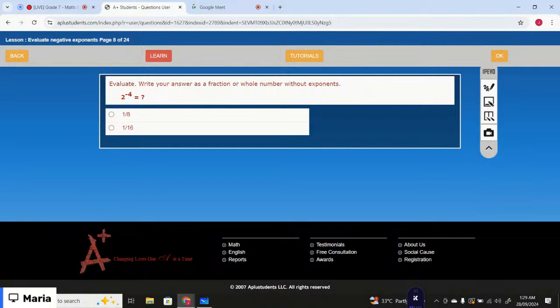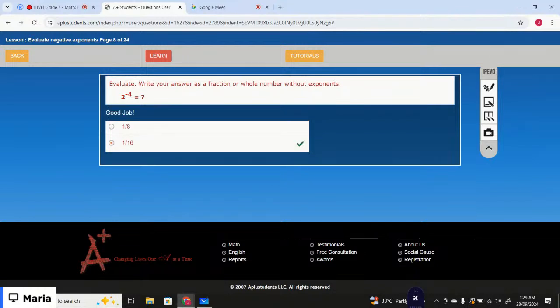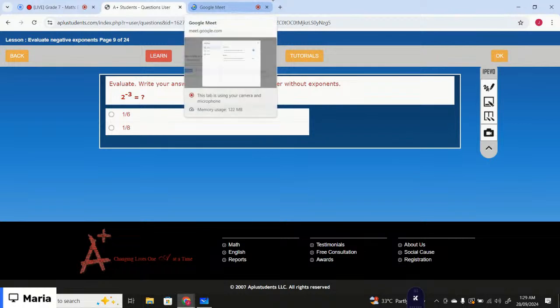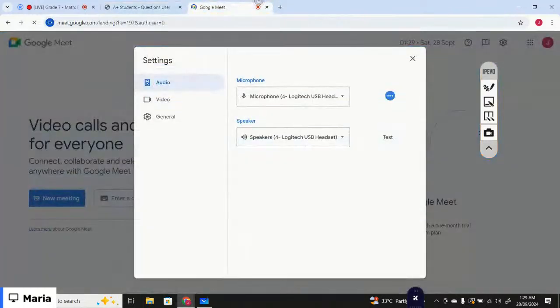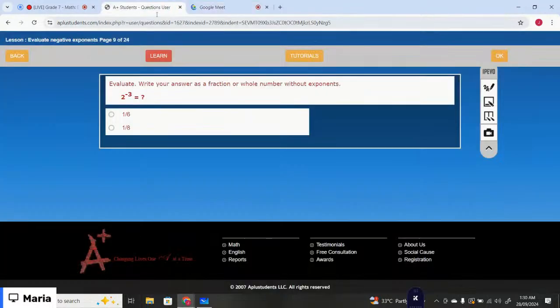Option number 2 is the correct option, right? The next one is 2 exponent negative 3.